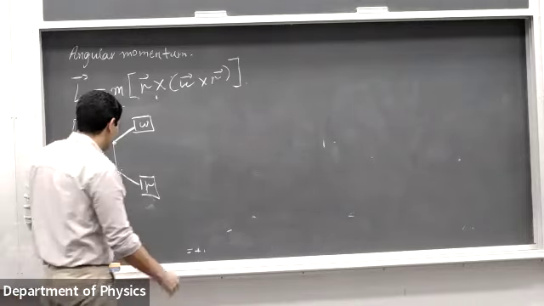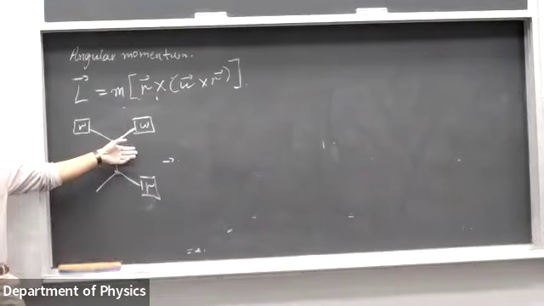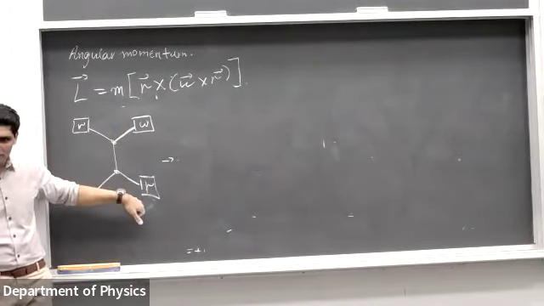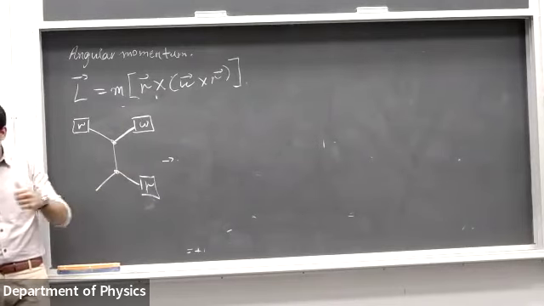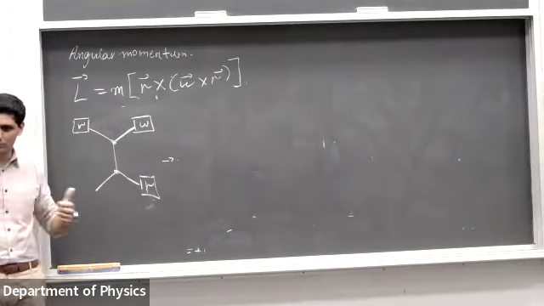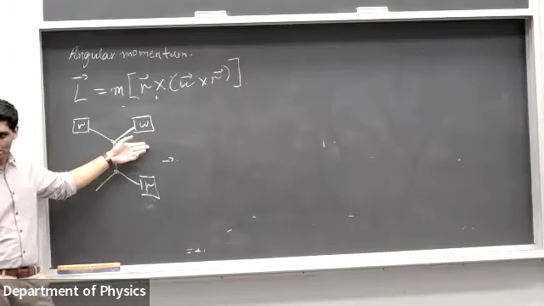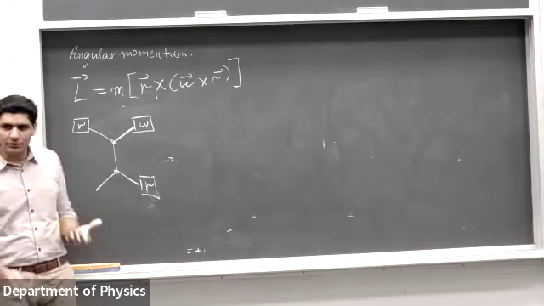Okay, now I'm going to take a bit of a leap of faith. If you look at this thing, what is r? r is the position vector that points to the object. That tells you how far the object is relative to your axis of rotation. What is omega? It's the angular frequency.